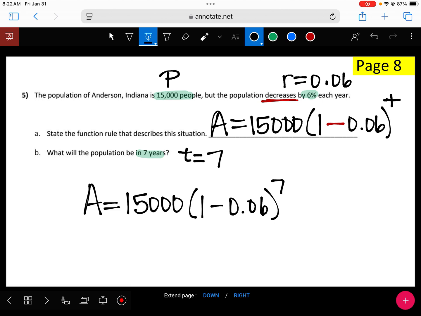And because we're talking about people, we only want a whole number. So we can't have half of a person. We're either a whole person or we're not a whole person. Okay, so we don't need any decimal answers. So go ahead, type that in.